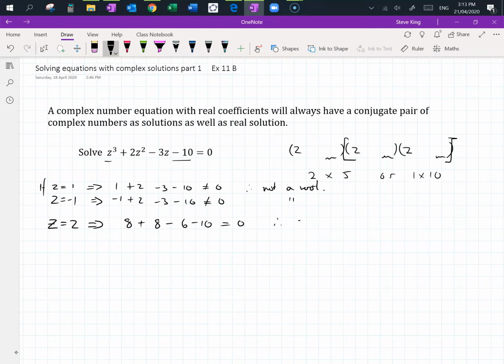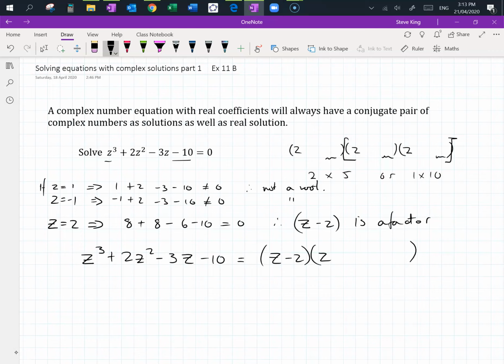So therefore I know that z minus 2 is a factor of the equation. So in other words, z cubed plus 2z squared minus 3z minus 10 must equal z minus 2 times by something.